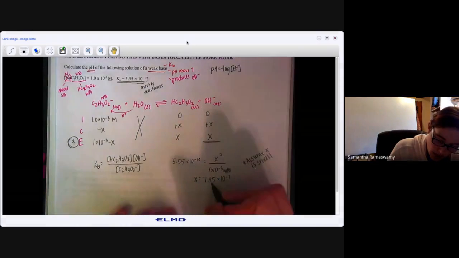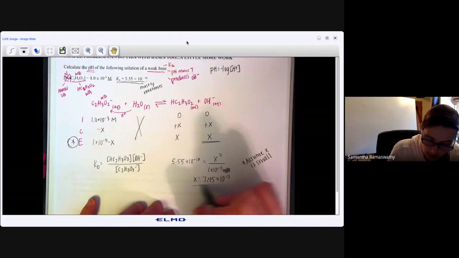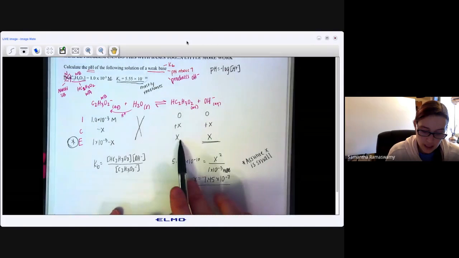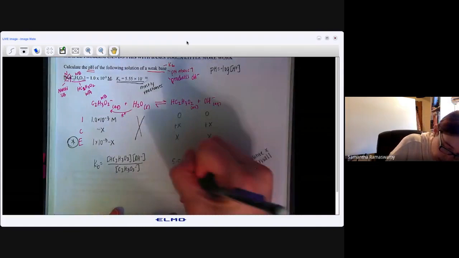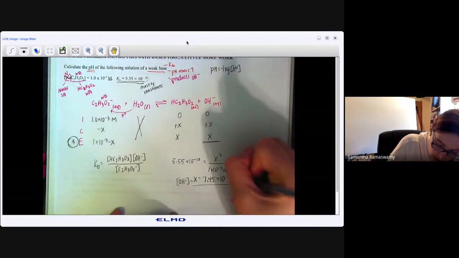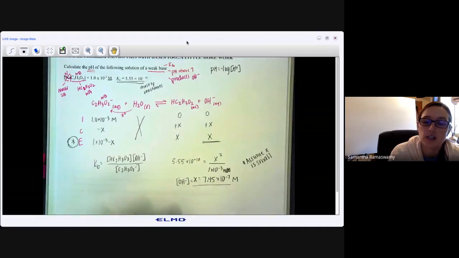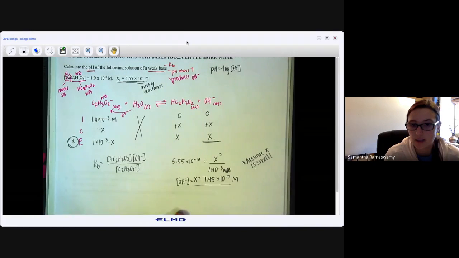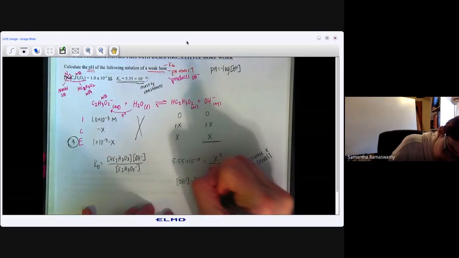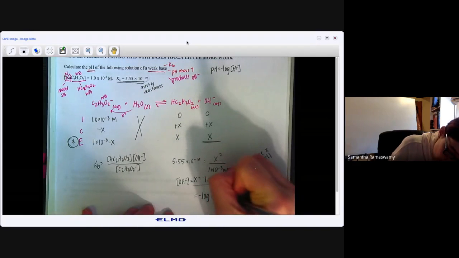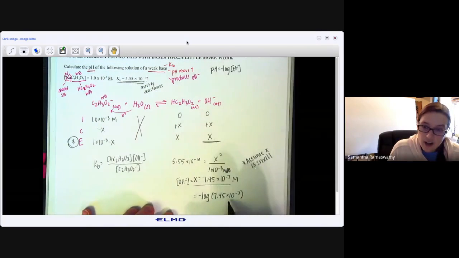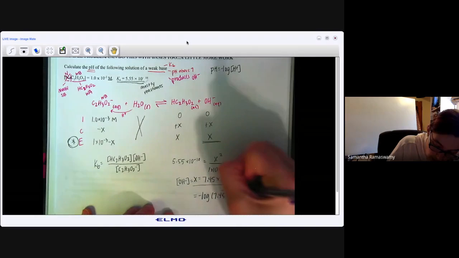So now I want you to think about what x represents. Based on up here, x represents OH minus concentration. So I'm going to label that this is the OH minus concentration. Because if I take the negative log of this number, that is OH minus.